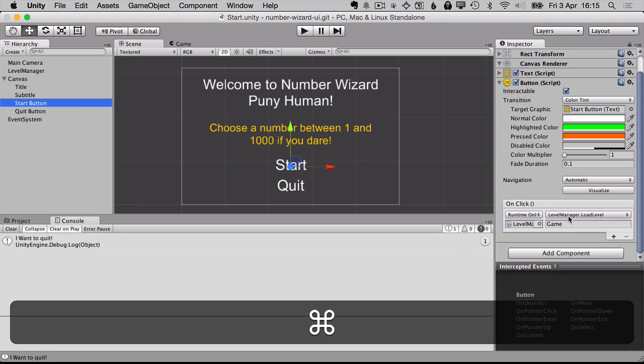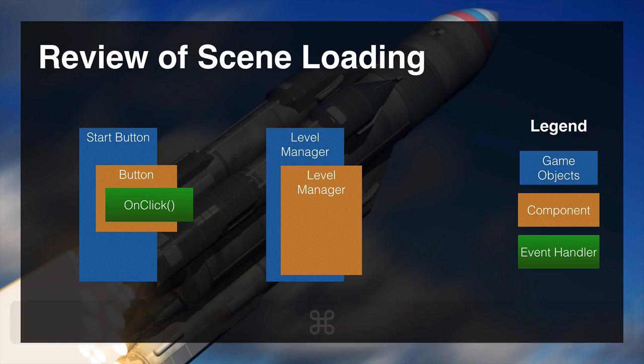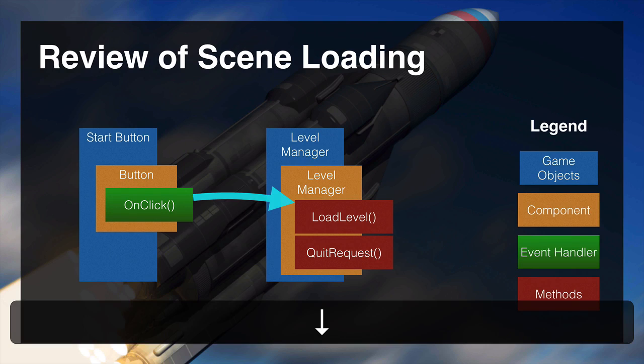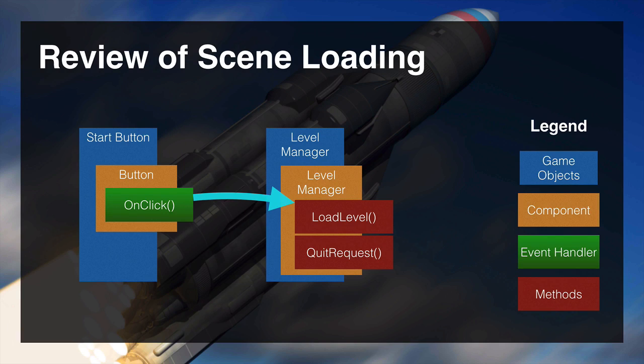There is a function in level manager, and the on-click event handler has a reference to that function, and whenever the button is clicked, it actually calls it. So that's what's happening in the game and how things are wired together in our scene.